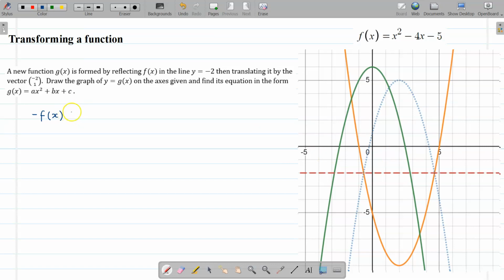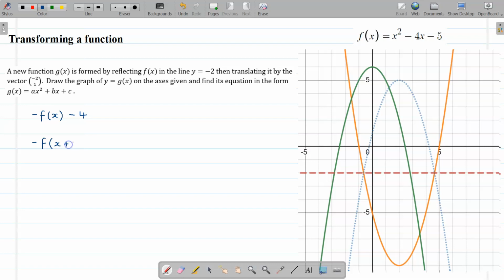So if we were to do minus f of x, which is a reflection in the x-axis, and then -4, that would bring the function down to where it's shown now as a blue dotted line. Now, the next thing we would have to do is move it across to the left 2. To do that, we would have to apply a +2 to the x in the brackets.